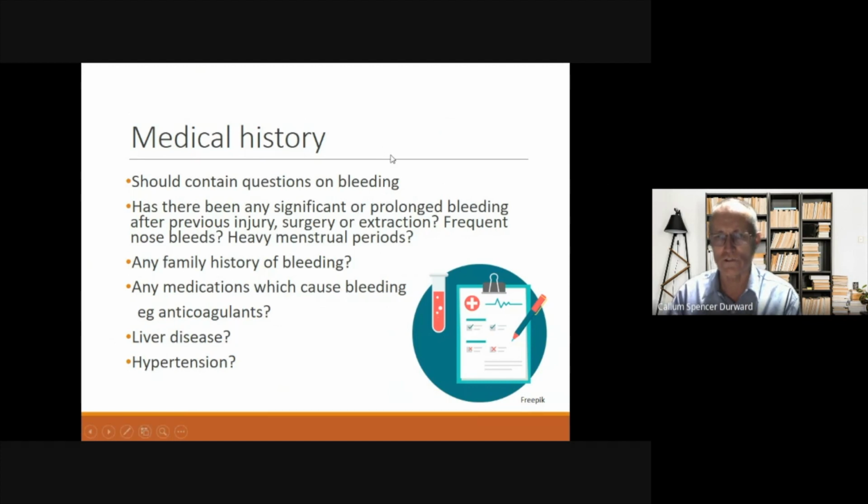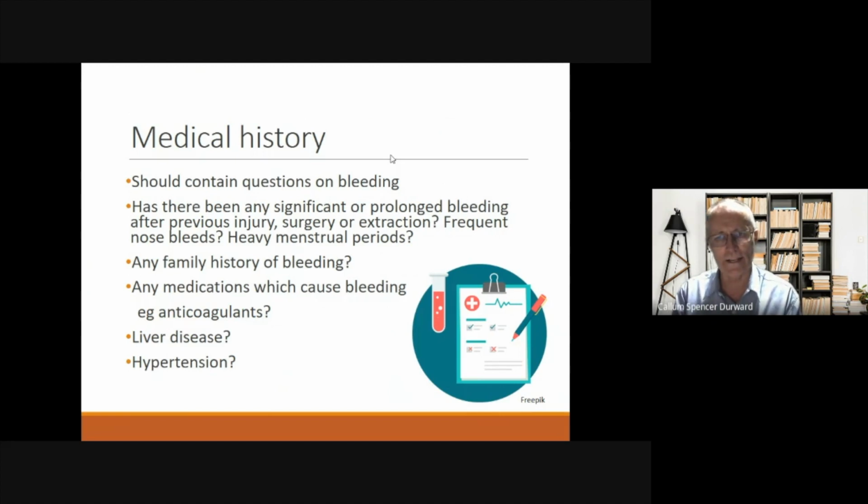The medical history is very important and should contain questions on bleeding. Has there been any significant or prolonged bleeding after previous injury, surgery, or extraction? Do they have frequent nosebleeds or heavy menstrual periods? Is there any family history of bleeding?